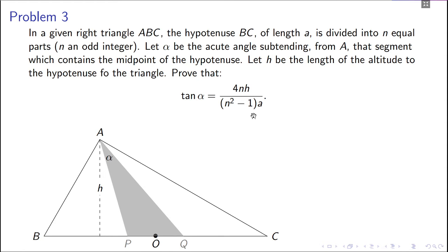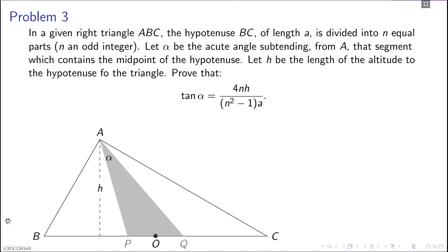From the first look of it, it looks less like a typical geometry problem and more like a trigonometric problem. You have to prove something related to tan alpha. So it's difficult to imagine that it can have a synthetic solution. Let's see. One of the things where h is useful is to find the area.